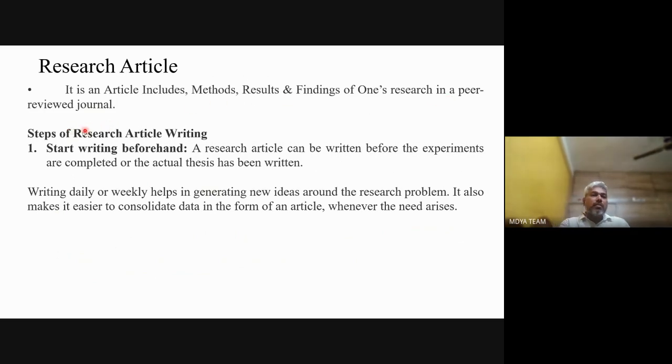Basically, see what the steps of research article writing are. Start writing beforehand. A research article can be written before the experiments are completed or the actual thesis has been written. Writing daily or weekly helps in generating new ideas around the research problem. It also makes it easier to consolidate data in the form of an article whenever the need arises.